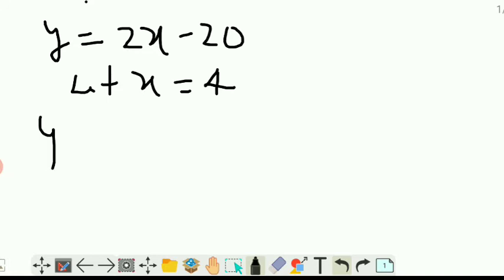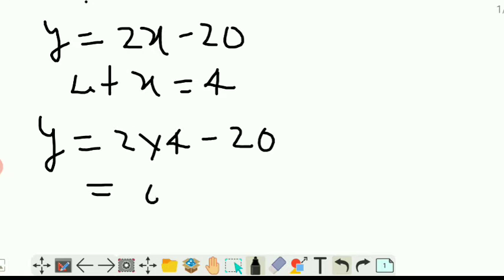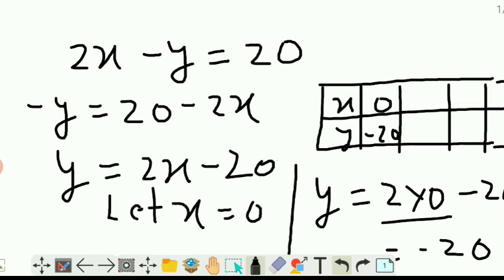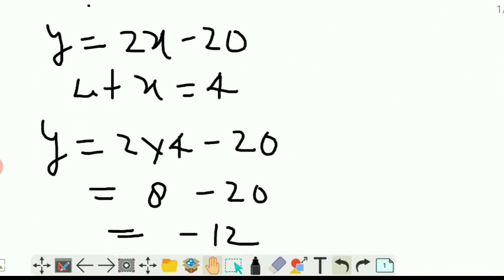Then y is equal to 2 into 4 minus 20. 2 into 4 is 8, 8 minus 20 is minus 12. So for x equal to 4, y is minus 12. Again we put 4 and minus 12 in the table. Like this we can find infinite values for the variables x and y.